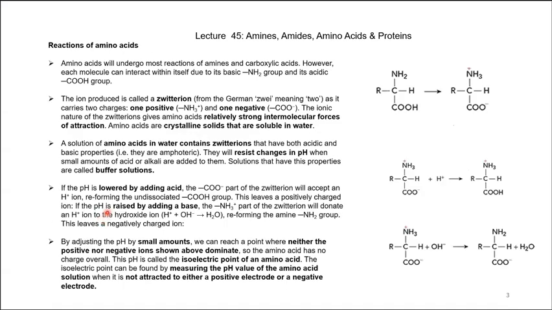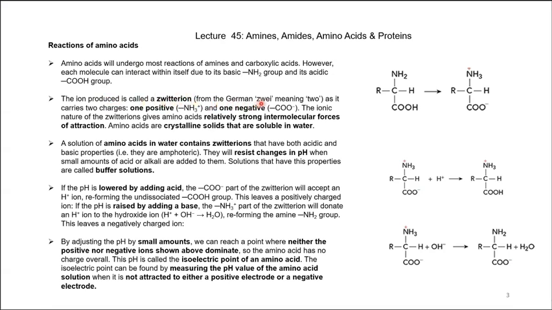Next, we talk a little bit about reactions of amino acids. They undergo most reactions of amines and carboxylic acids. However, each molecule can react within itself due to its basic amine group and its acidic group. In ion form, we call it a zwitterion.